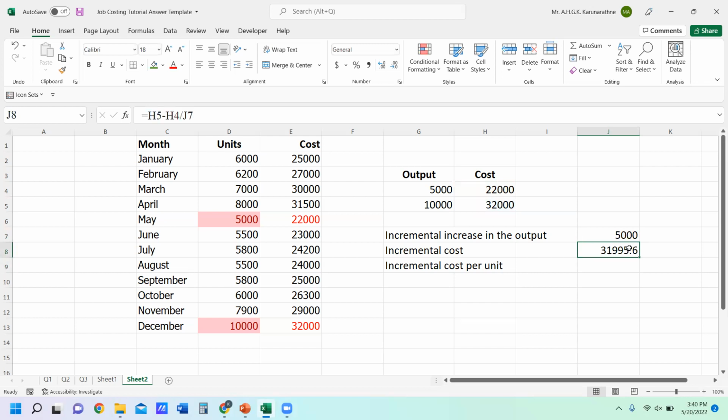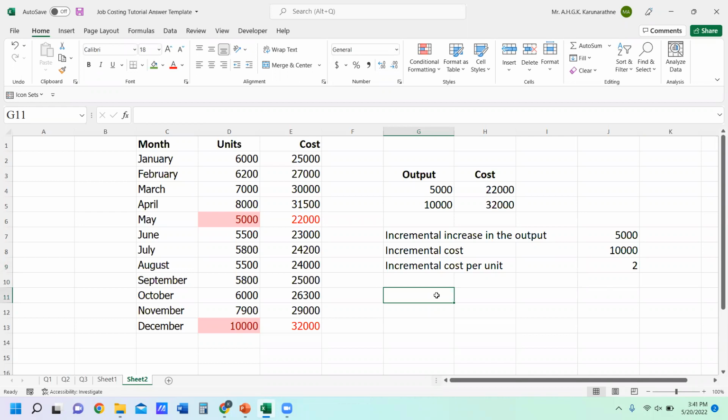Okay, there's some formatting error. Undo. Okay, the incremental cost per unit is 10,000 divided by 5,000. It is 2. Then we can identify the variable cost is 2 rupees.